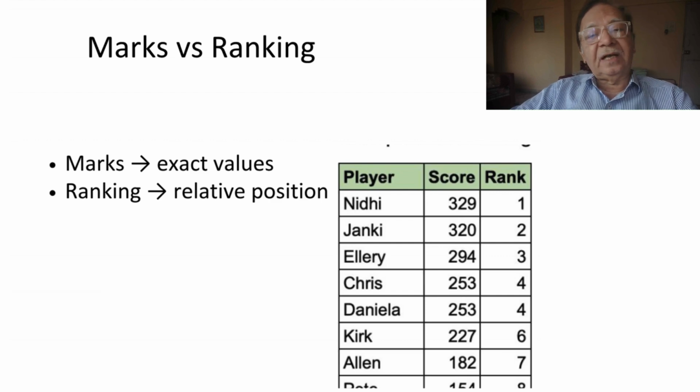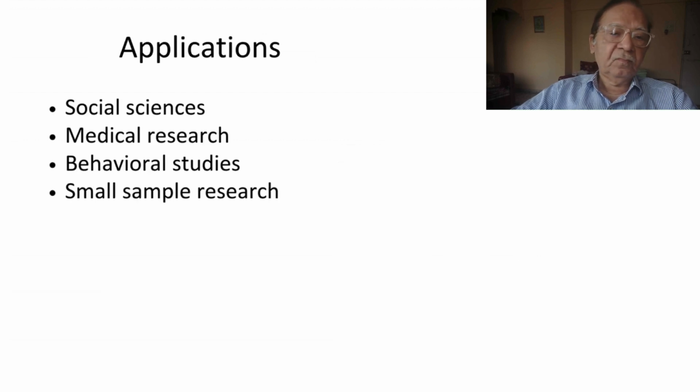Even if the marks are not perfectly comparable, ranking still gives you a fair idea of performance. That is exactly what non-parametric tests do. They focus on order, position, and relative differences rather than exact numerical values.